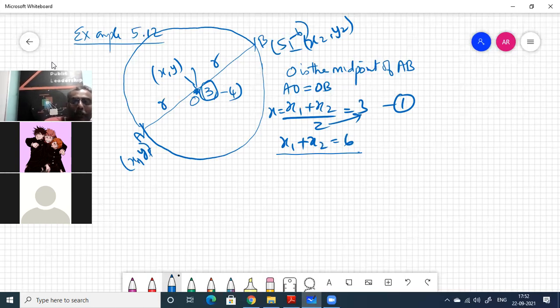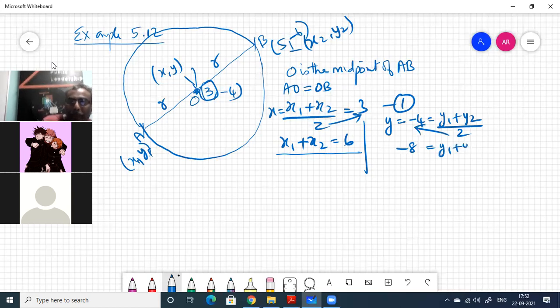Now the other one, same way: y is equal to -4, which is (y1 plus y2) by 2. Take this 2 to this side: -8 is equal to y1 plus y2.